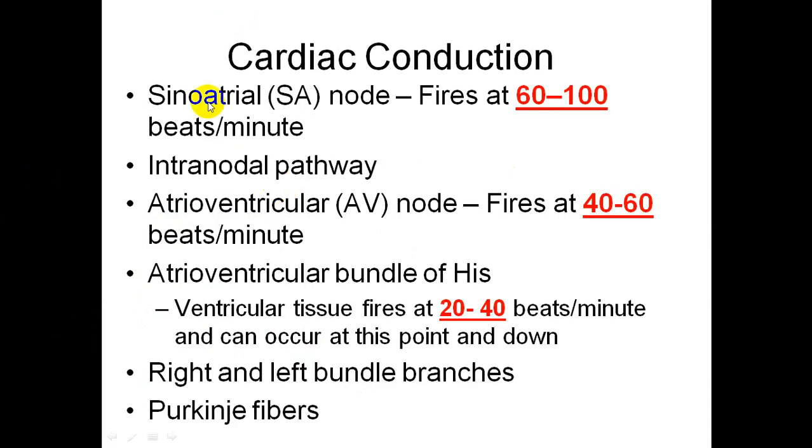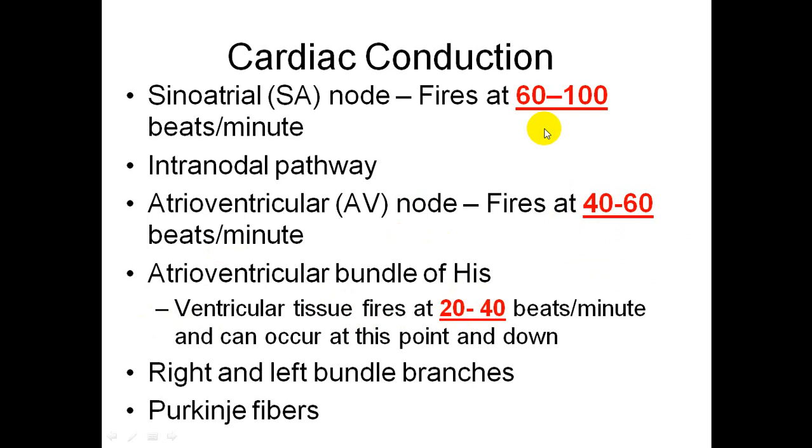So in summary, the sinoatrial node fires at a rate of 60 to 100, with a mean of 75 beats per minute. The internodal pathway and atrioventricular node fire at 40 to 60 beats per minute. And the bundle of His and ventricular tissues fire at 20 to 40.